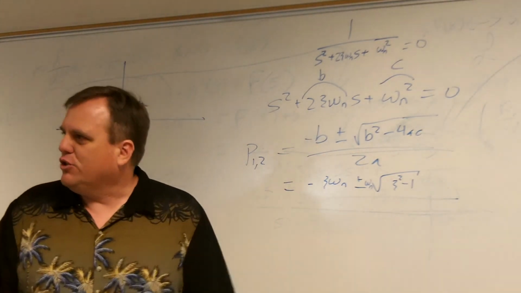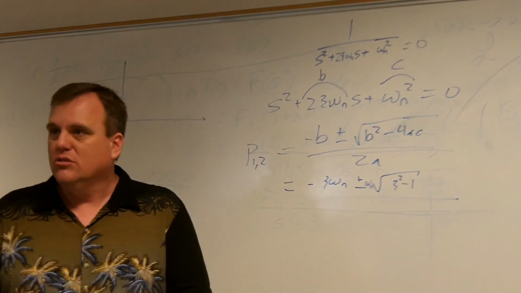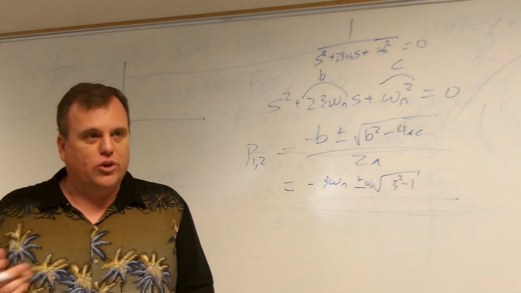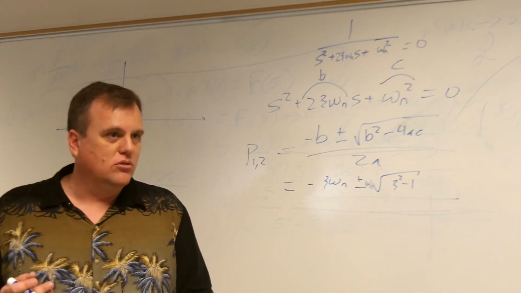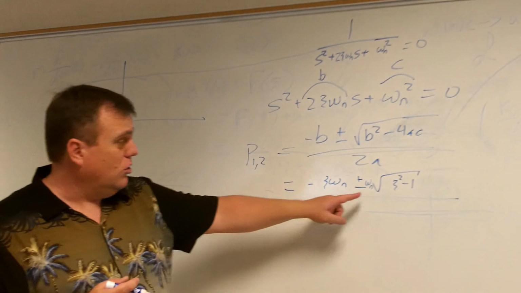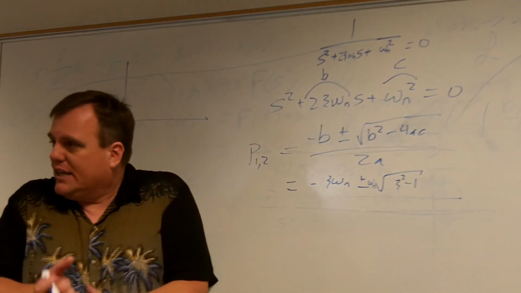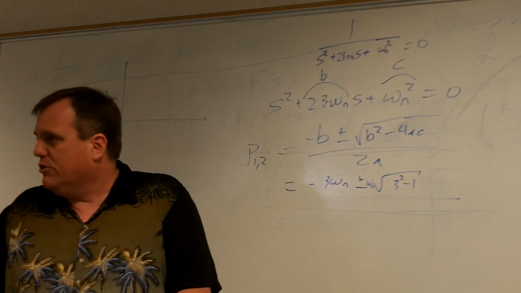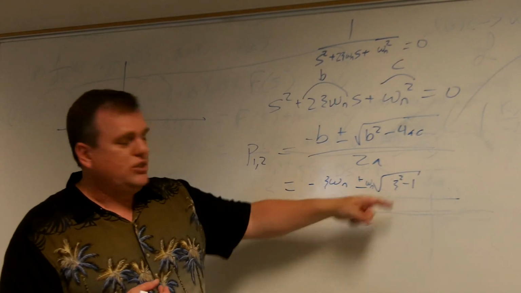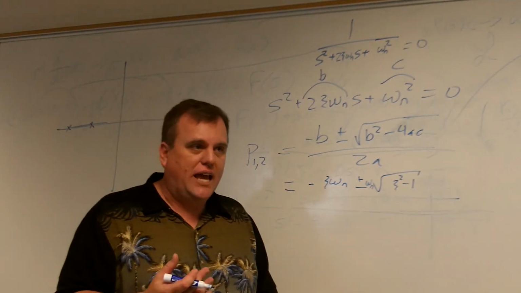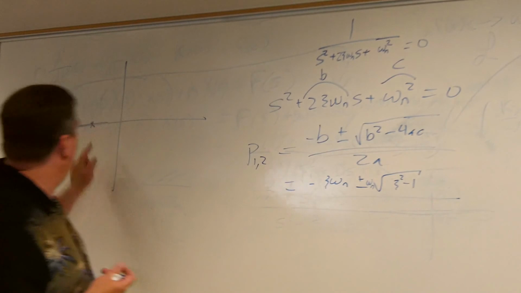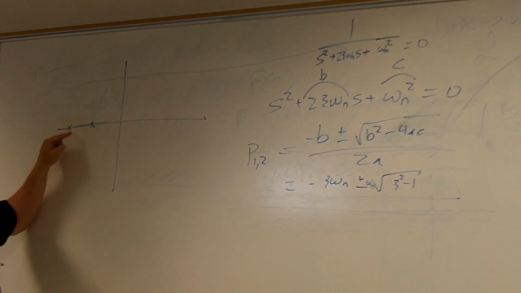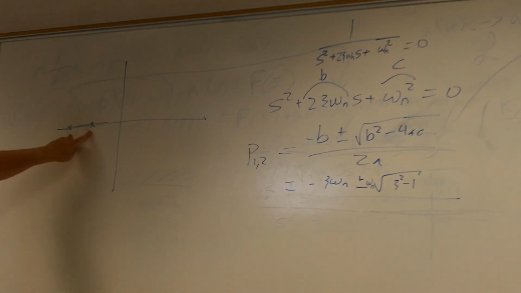It's like trying to pull something through molasses. It's going to move really, really slowly. The more viscous you make it, the thicker, the slower it's going to go. That's bigger D. So as this increases, it's more and more critically damped. Both of these are on the real axis. Do you know what the response of these poles is?